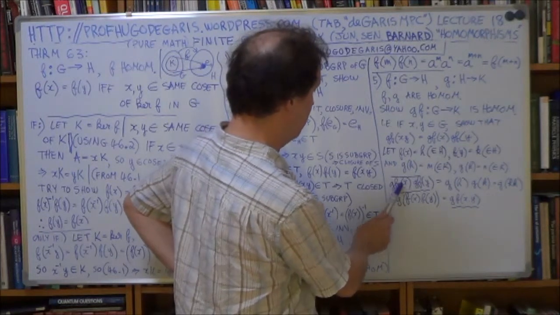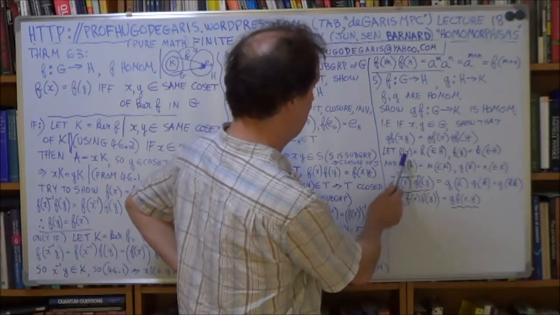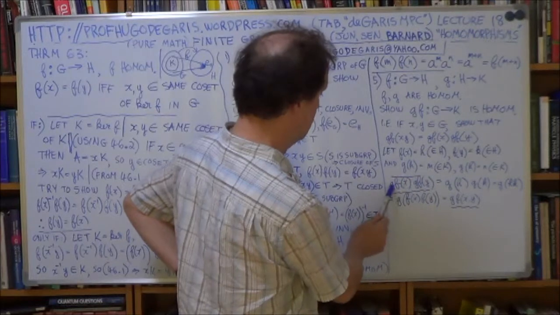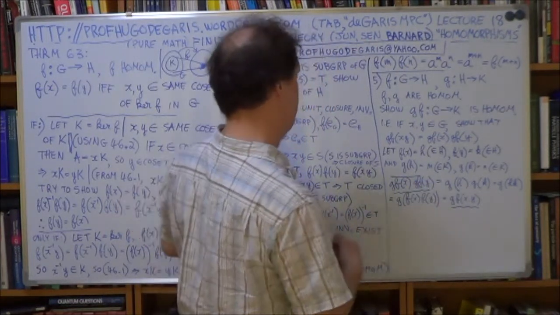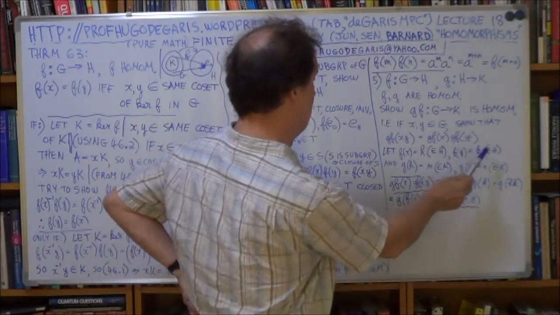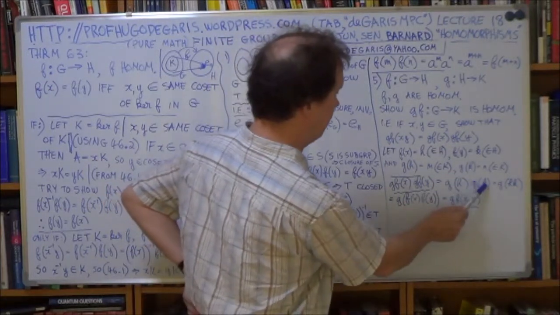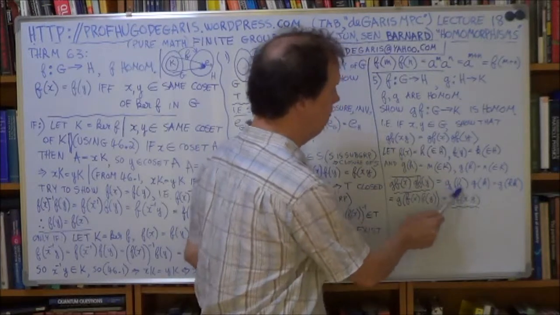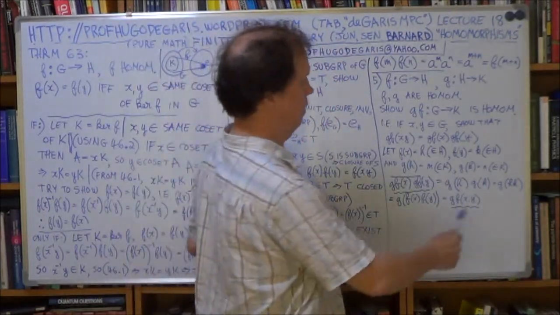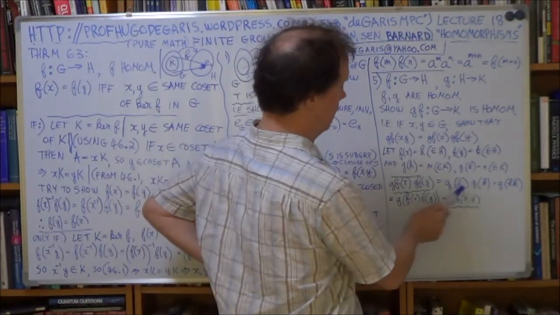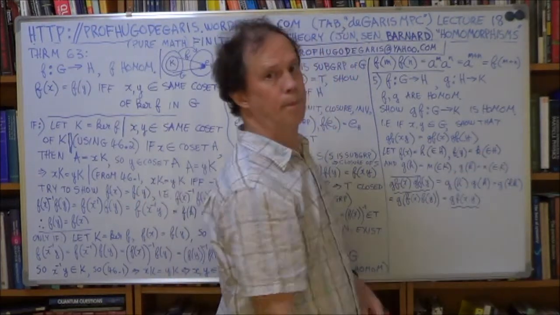Well, f of x is h, so we've got g of h, and f of y is k, so we've got g of k. Now g is homomorphic, so we can rewrite this as g of hk.